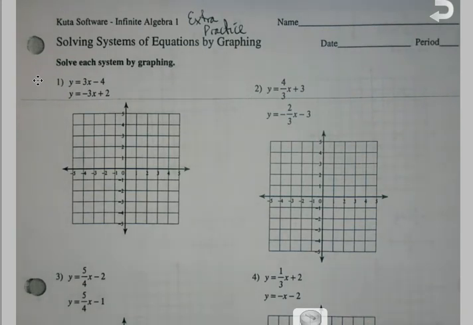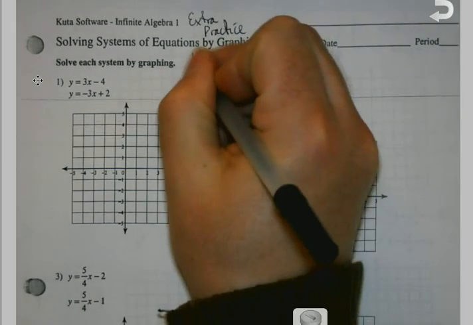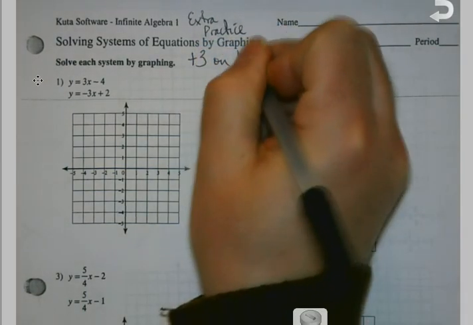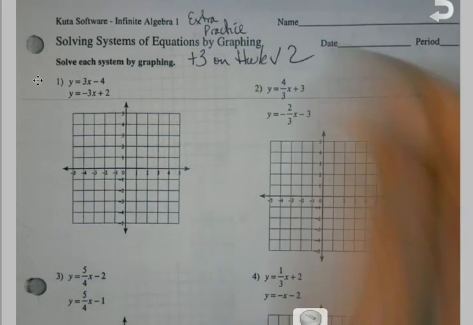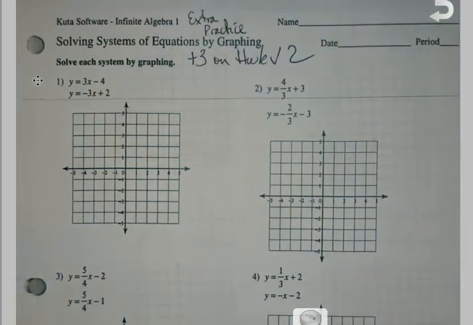It's extra practice, so it's extra credit, if you want to do this and have it ready for your homework check tomorrow. It's basically going to be the equivalent of an entire assignment. So maybe if you didn't do one, you can use this to make up some of the points. Or maybe if you've done them all, you're like, I'm going to get ahead. I'm going to have my grade at like 122% going into progress reports, which would be absolutely fine as well.